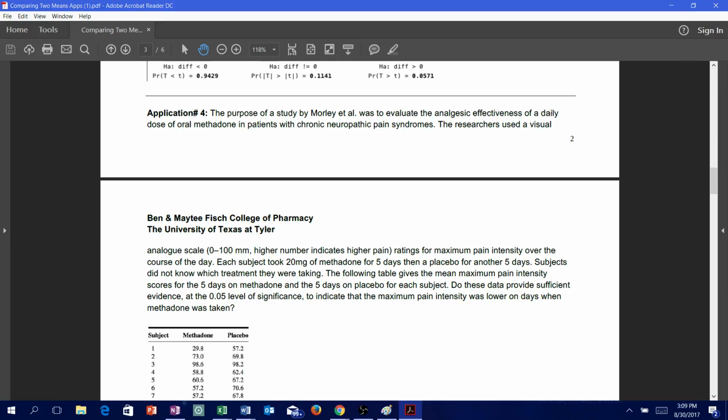The doctor gives you treatment A. Yeah, because they're part of placebo and treatment, so it would be dependent, or paired, same thing.